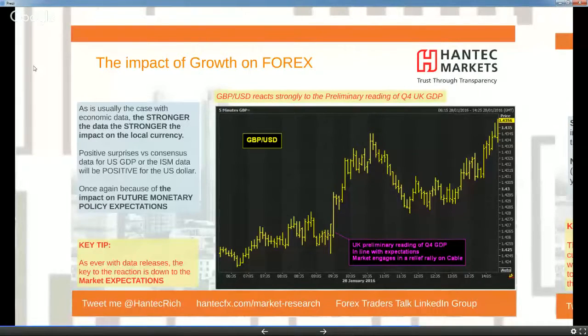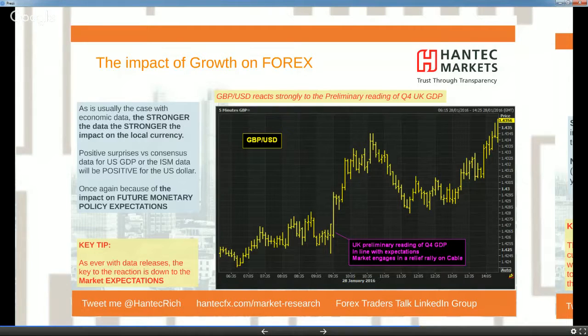Okay, so how do these indicators impact on the markets themselves? Generally, as ever with all this data that I've been talking about, the stronger the data, the stronger the impact for the local currency, the stronger the impact on bond yields, and conceivably equities as well.